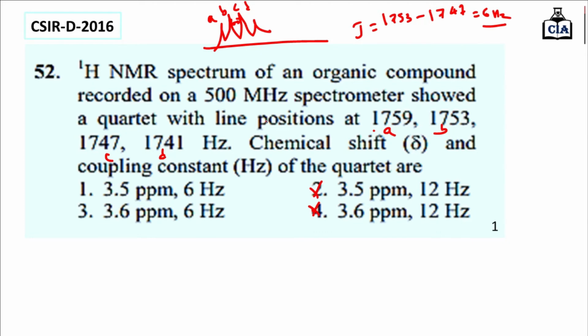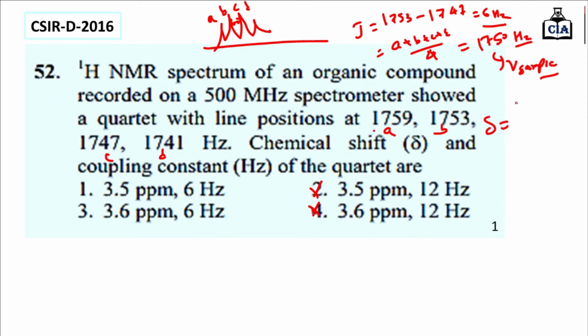Now calculate the average value of A, B, C and D, that is A plus B plus C plus D divided by 4. It will be around 1750 hertz. This is the frequency of the sample, and now we have to find the chemical shift value.